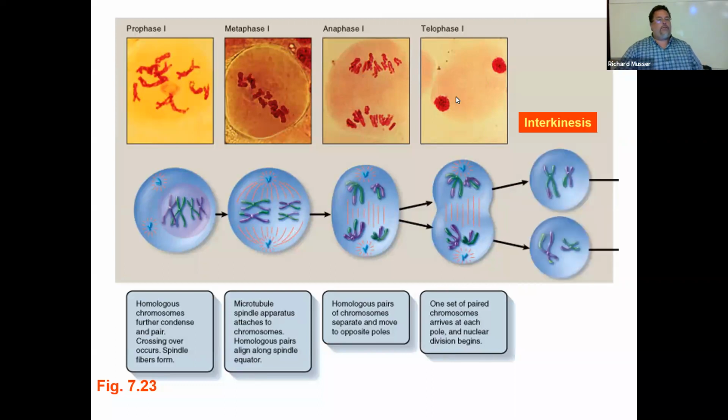Then we're ultimately going to go back into prophase 2. Here you can see in the picture the cell becoming 2 new cells, cytokinesis, interkinesis, the nucleuses, all that stuff is kind of forming.